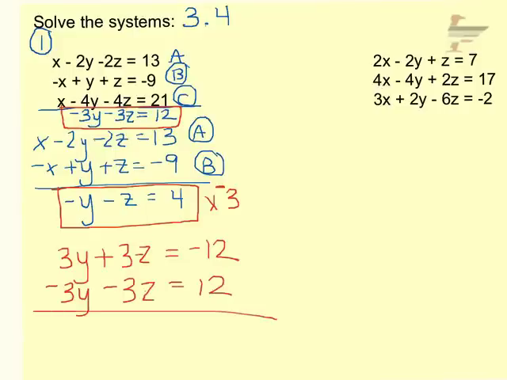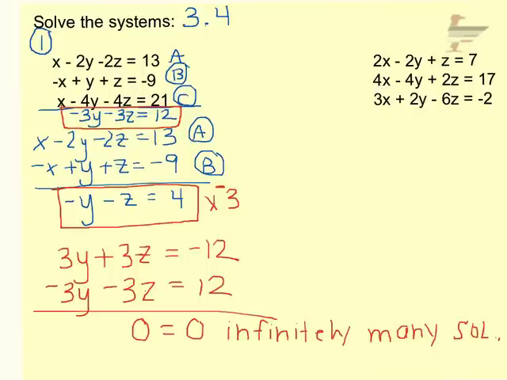I'm sure you see what's happening: when you add the y's, the z's, and the 12s, everything cancels out, and you have the identity. So this is an example of infinitely many solutions. I just want you to understand that we had to take it pretty far to get to the identity.